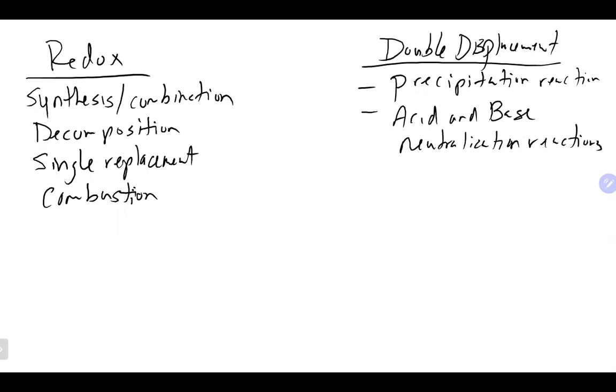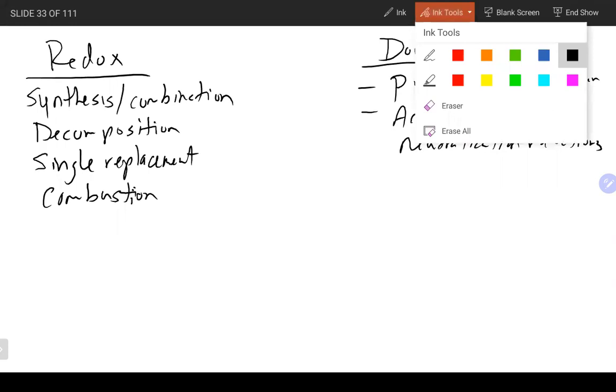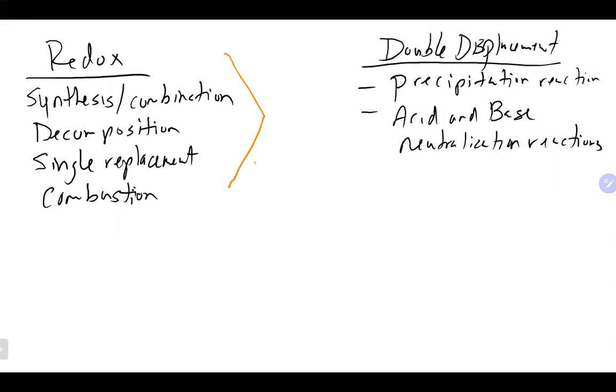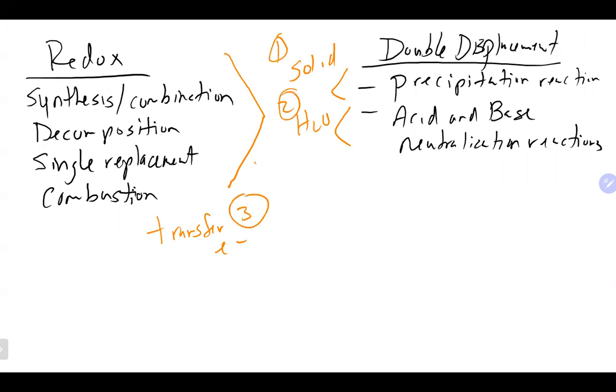And between both of those big classifications and more specific classifications, over here, we take care of the idea of transferring electrons. And over on the right-hand side, we take care of making a solid and making water, which again is our 1, 2, and 3 reasons why reactions take place. Any questions on classifying reactions?